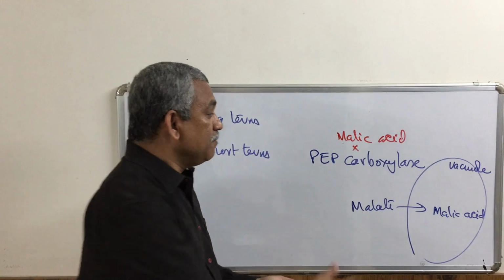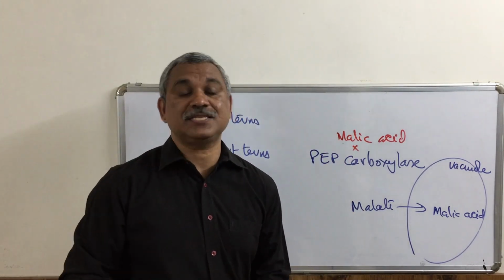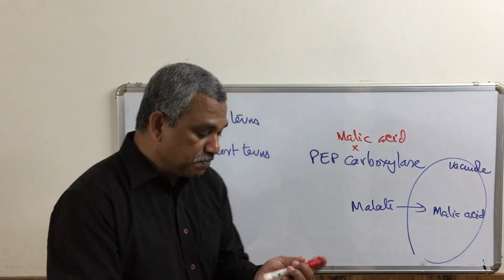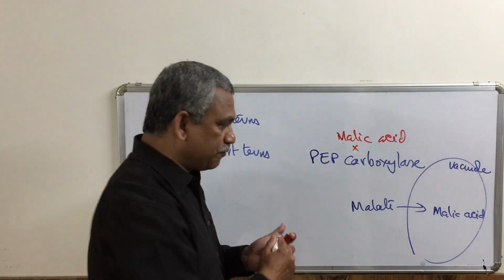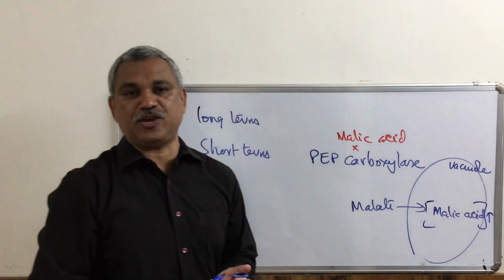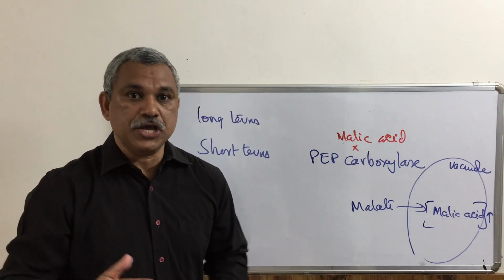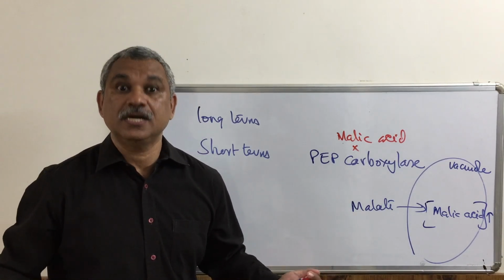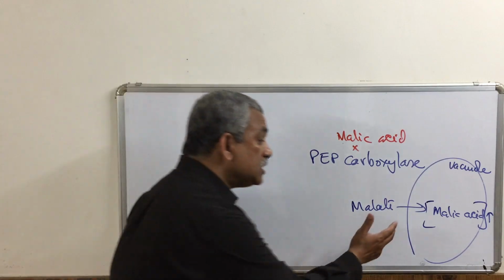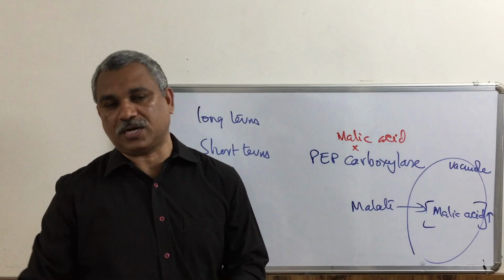Now during daytime what happens? During daytime we need to switch it off. So there is an additional mechanism that it employs. Over a period of time, the malic acid concentration will increase in the vacuoles. As the concentration of malic acid increases, it increases the turgor pressure. How? This is an osmotically active substance which will facilitate uptake of water.